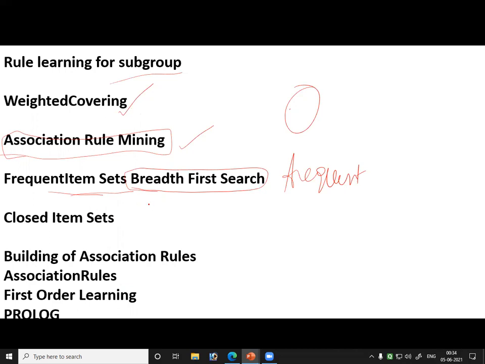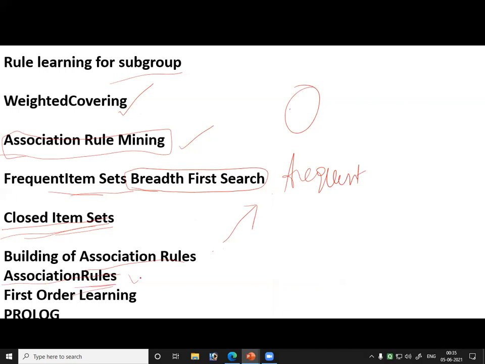After that, we talked about closed item sets, my dear friends, closed item sets. And after that, how to build association rules using frequent item sets, for which we learned the association rules algorithm.